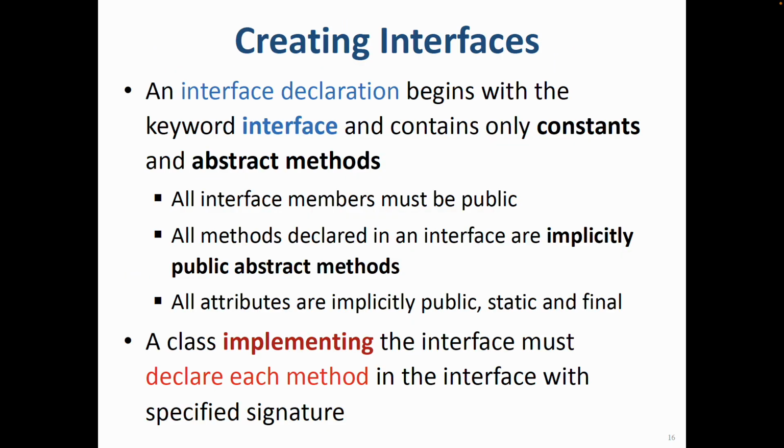And another difference between abstract class and the interface is that in an abstract class, I can define attributes. And they can be constant, static, not static, anything it can be.